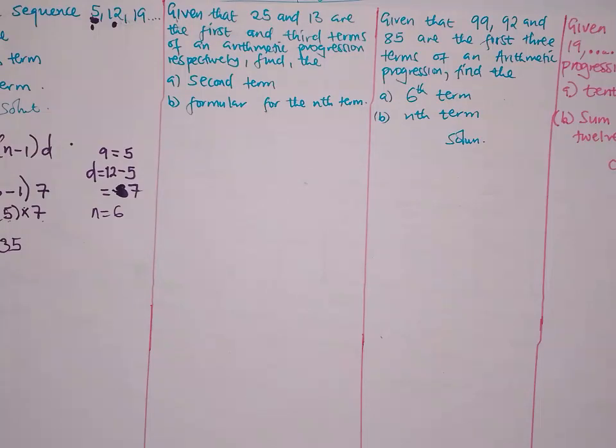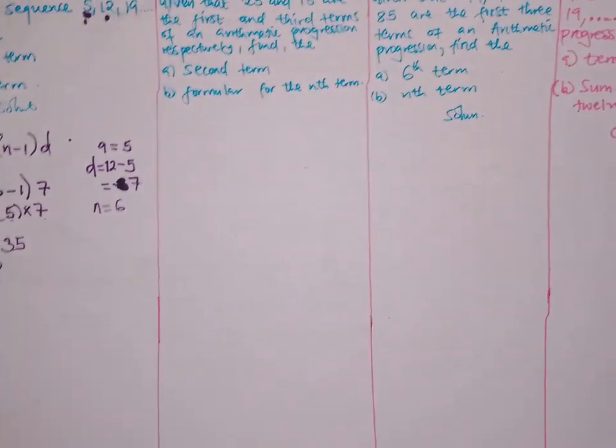So that's how simple these questions are. Then when they ask you to find the nth term, they are asking you to calculate the short form of this formula which we use to solve the question.